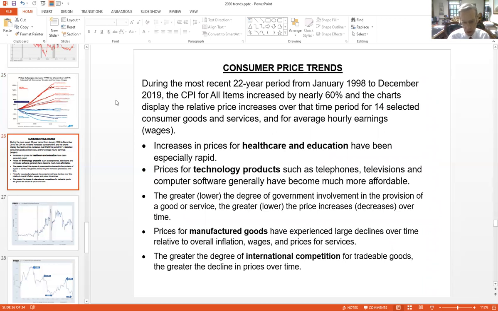It tries to capture the significance of categories of products such as healthcare and education, technology and technological products, and manufactured products. So you can take your time to look at these bullet points, but I think that you can read the points just as well as I can read them to you.